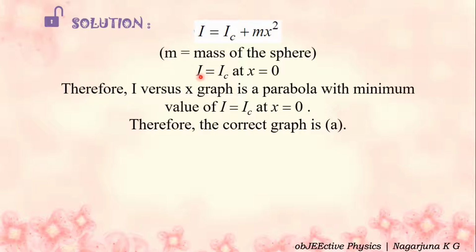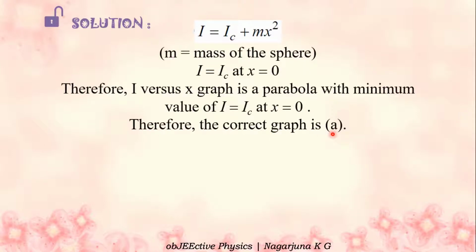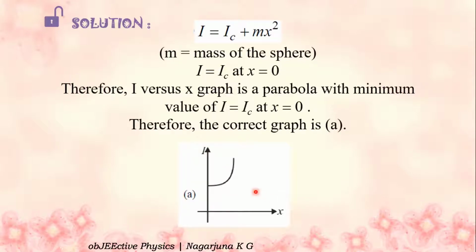Therefore, I is equal to I_C at x is equal to 0. Therefore, the I versus x graph is a parabola with minimum value of I equal to I_C at x equal to 0. Therefore, the correct graph is A. Option A is the correct graph. See the answer.